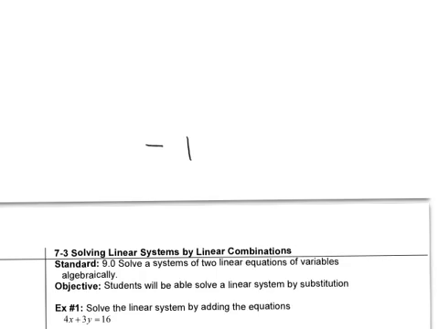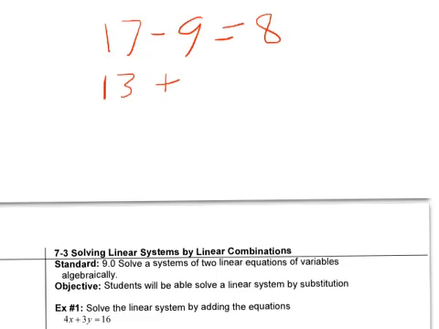Let's pick some different numbers. Let's say I was going to do 17 minus 9, well, 17 minus 9 equals 8. Let's do 13 plus 6, equals 19.